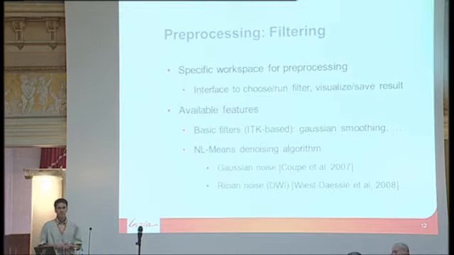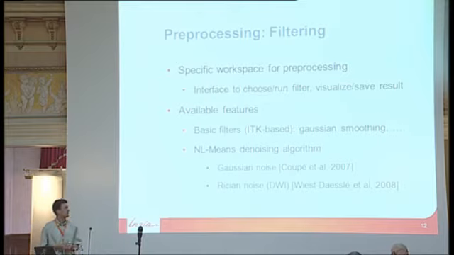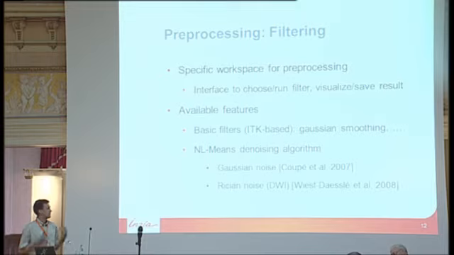You have basic filters, which are implementations of some stuff that are available in ITK, like Gaussian smoothing, median filtering, stuff like this. And you also have NLM denoising, which is a powerful denoising algorithm. And because it's really useful to denoise your images before processing them, we included it.